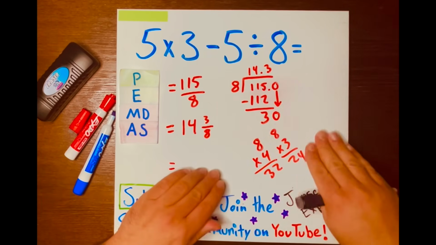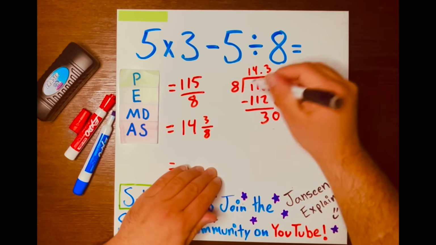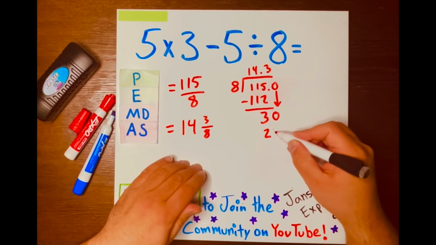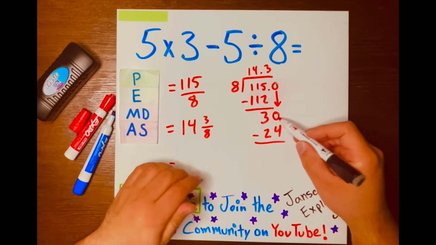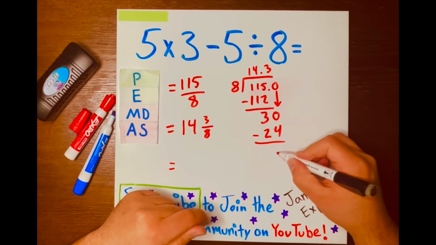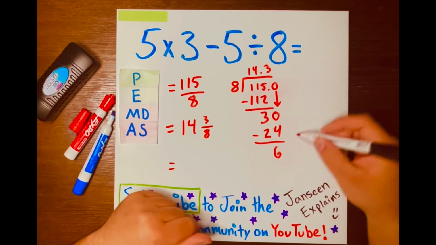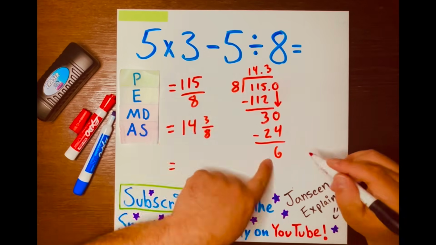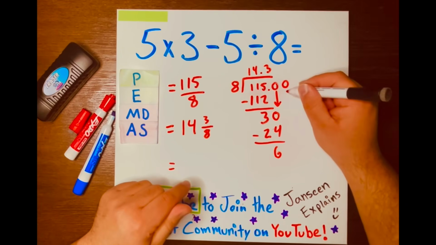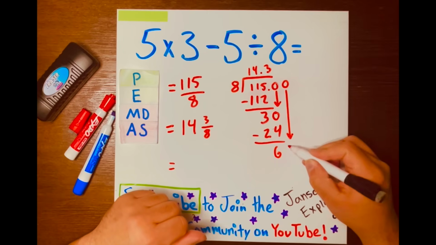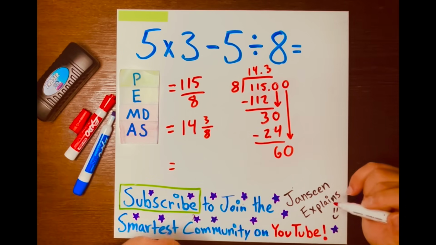And now we multiply. 8 times 3 is 24, and 30 minus 24 is 6, right? And then how many times can 8 fit into 6? We cannot, so the 6 needs to borrow a 0. We bring down the 0, give it to the 6. Now 6 becomes 60.